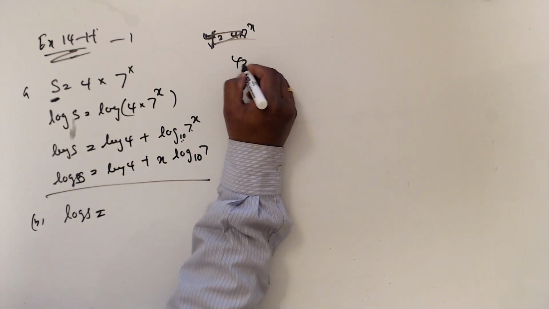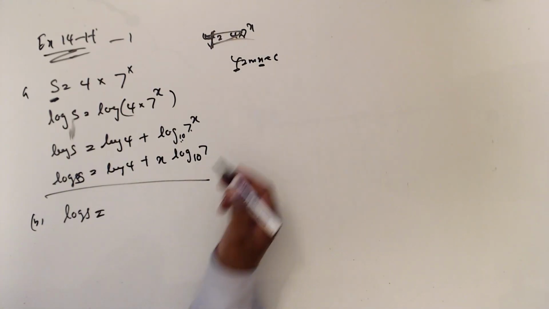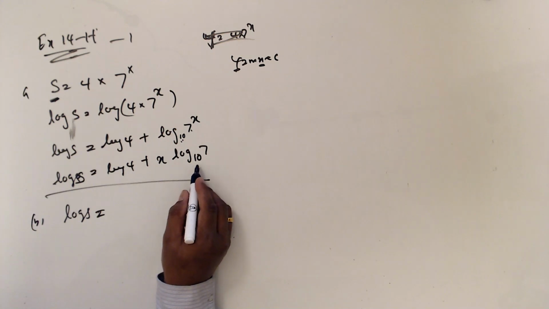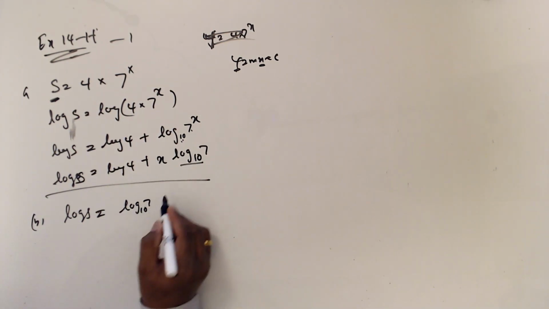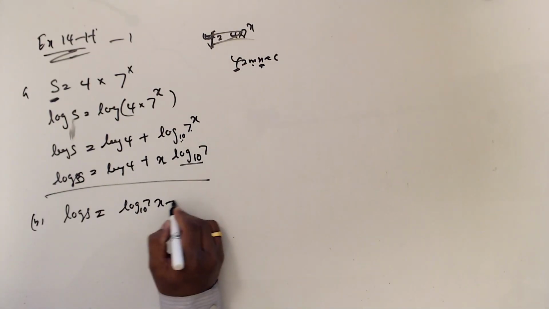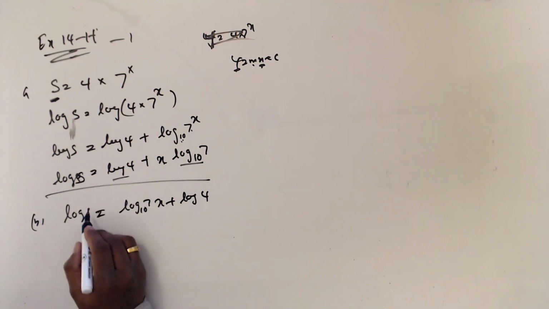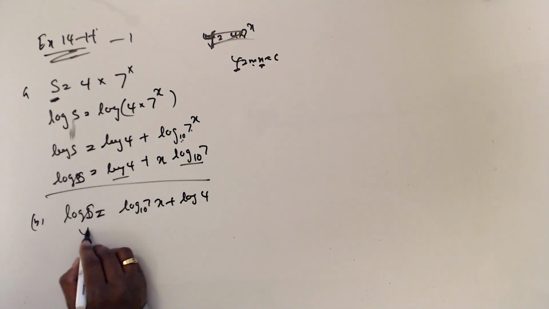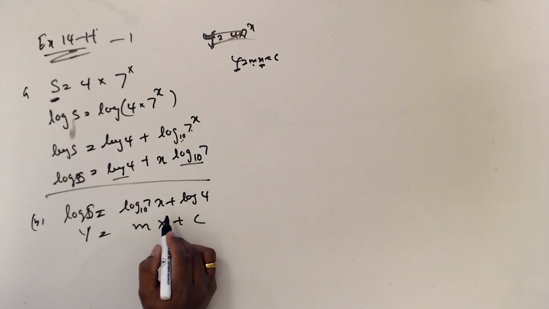So log 7 is a constant multiplying the variable x, and then the constant log 4. So this is y equals mx plus c form.